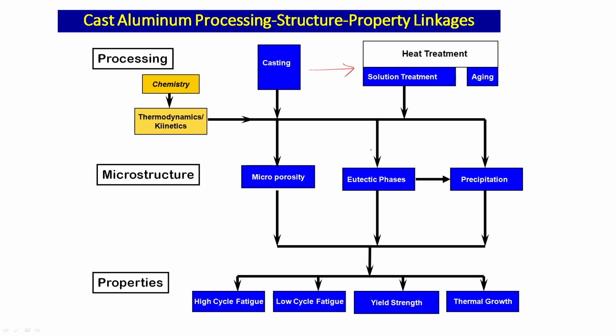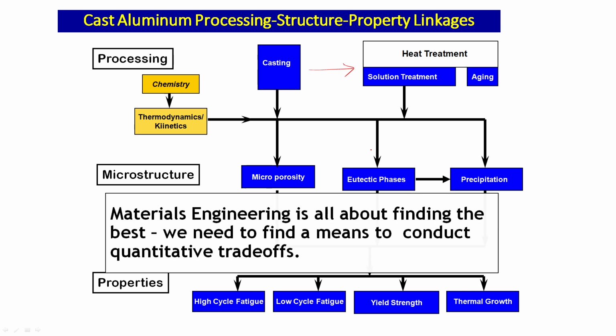This is actually the dream of any material scientist. Whether we can do it or not is a question for the future, but this is something we are thinking of doing: take a cast aluminum casting and do this processing-structure-property linkage using models. This requires you to understand the different length scales, starting from chemistry, thermodynamics, phases and microstructures, going down to the atomic level, and then predicting the properties we will finally get. Materials engineering is all about finding the best of all the combinations.